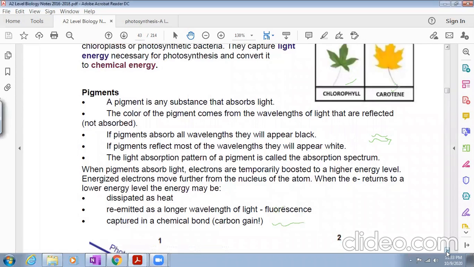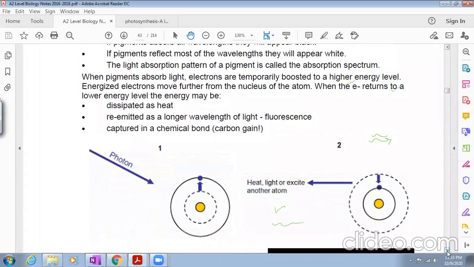Now, you can see here, for example, this is an atom, right? So when a photon, meaning light, falls on that, the electron will get excited and move to a higher energy level.